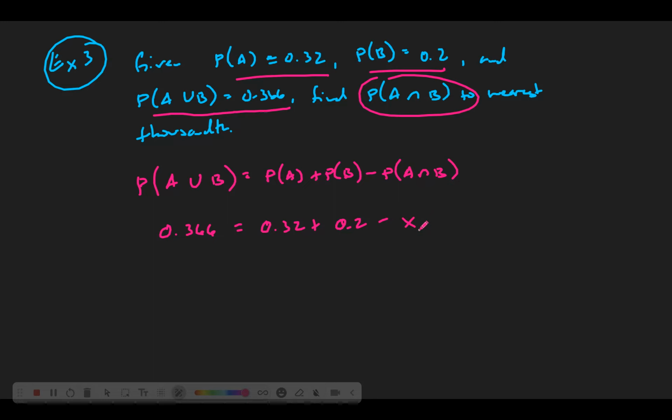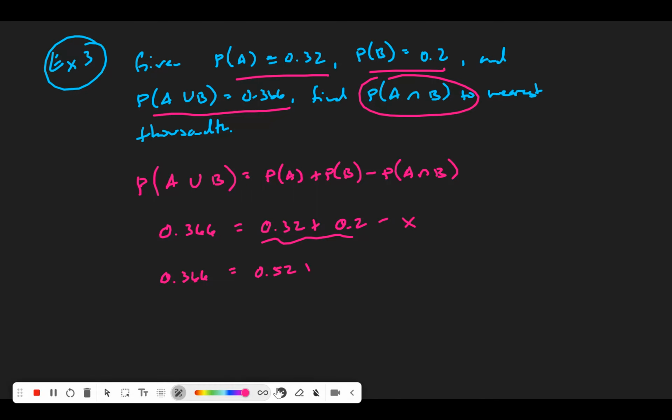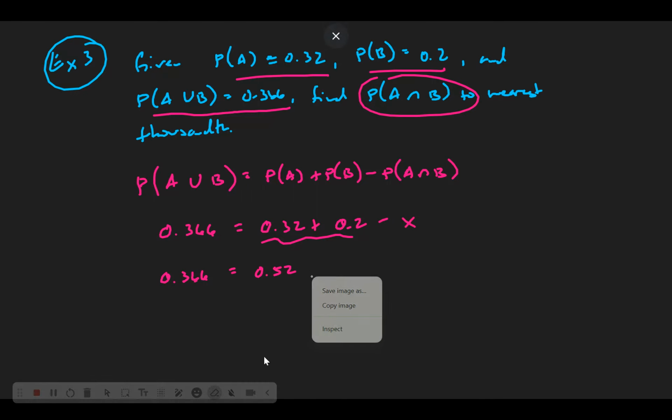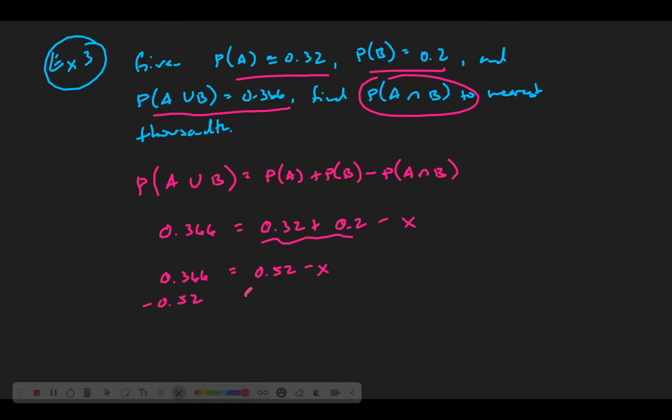And now we're going to solve this just like a regular equation. So let's combine our like terms right there. So 0.366 equals 0.52 minus X. And then we're going to subtract both sides by 0.52 to get the X by itself.